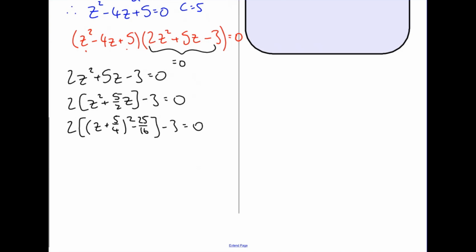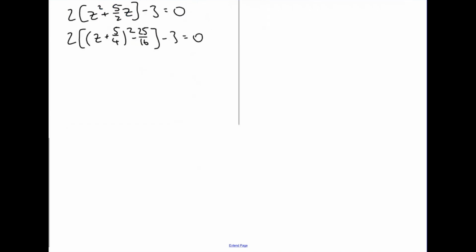So I've half the z coefficient and got 5 over 4, squared that to get 25 over 16 and took it away. Let's expand this all out. So we've got 2 z plus 5 over 4 squared minus 25 over 8 minus 3 equals 0.